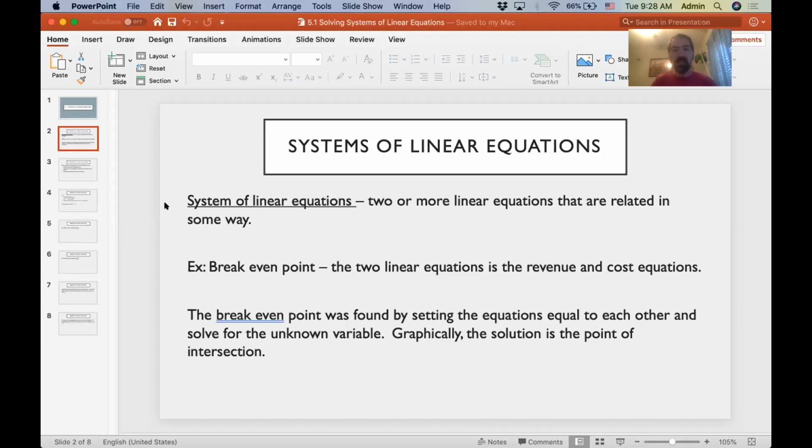There is also the elimination method that you may already be familiar with from a previous algebra class. Now, what we're actually doing when we are solving these systems of equations, looking at it graphically, the solution is where the two lines intersect, right?